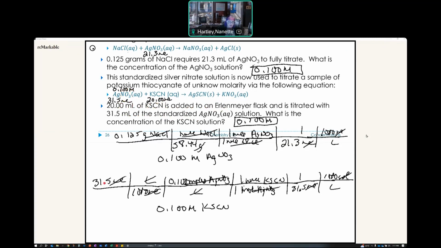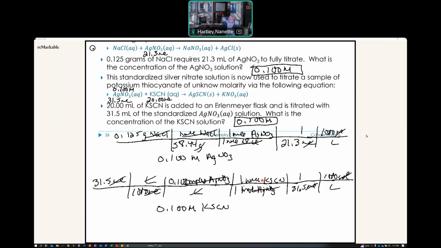So 31.5 milliliters, I divide that by 1,000 to get liters, and multiply by the molarity, 0.100 moles of AgNO3 per liter. That gets me to moles of AgNO3. I know that 1 mole of AgNO3 reacts with 1 mole of KSCN, because that's what this balanced equation says: they react one-to-one.